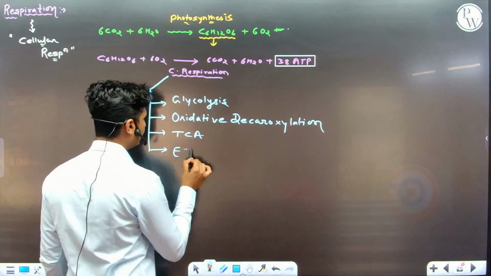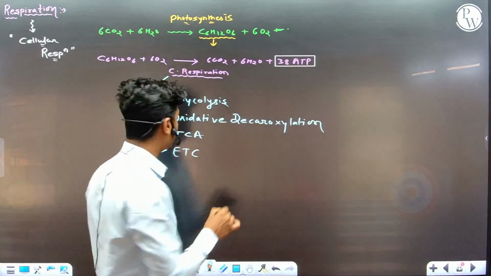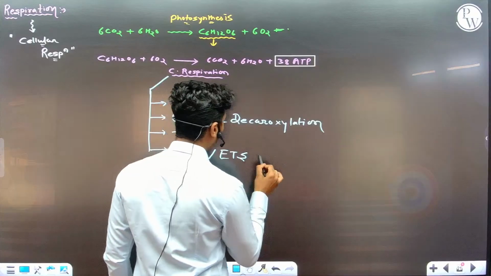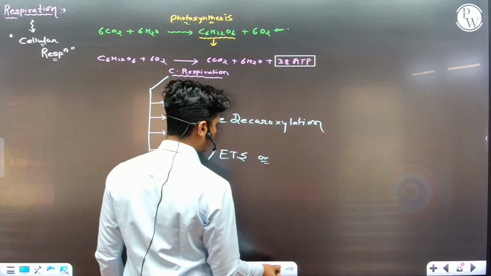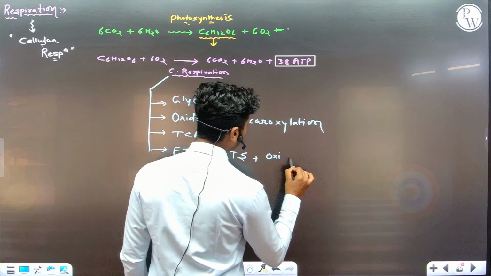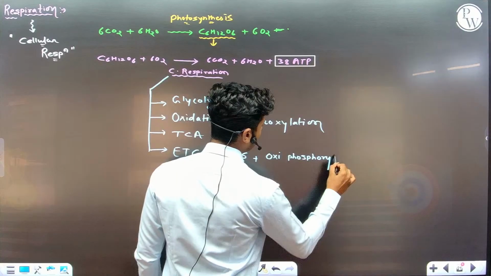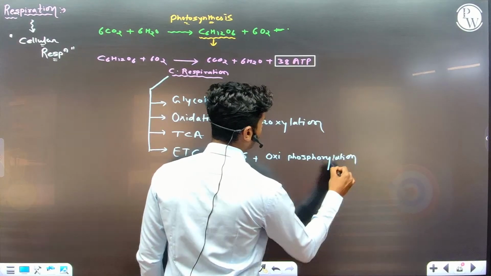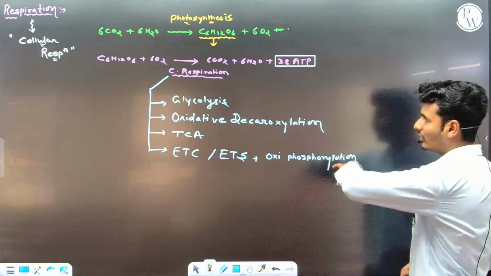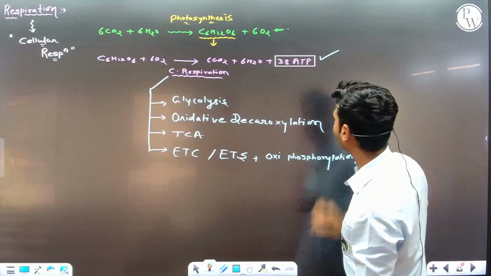Then ETC, electron transport chain or electron transport system, ETS also we can mention, plus oxidative phosphorylation, complex number 5. After that only we get 38 molecules of ATP.